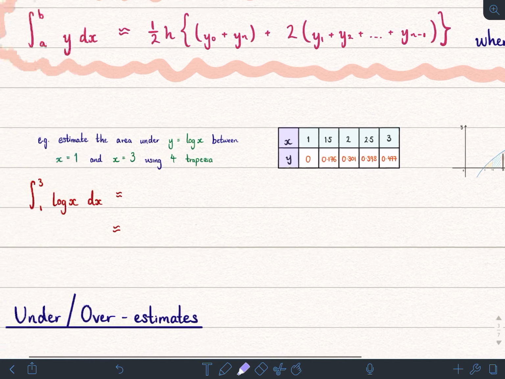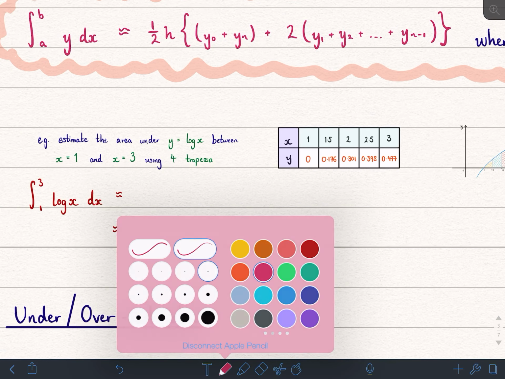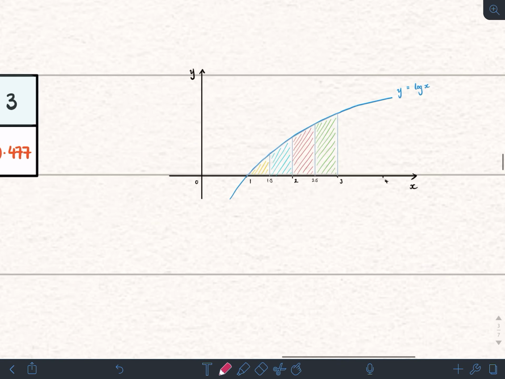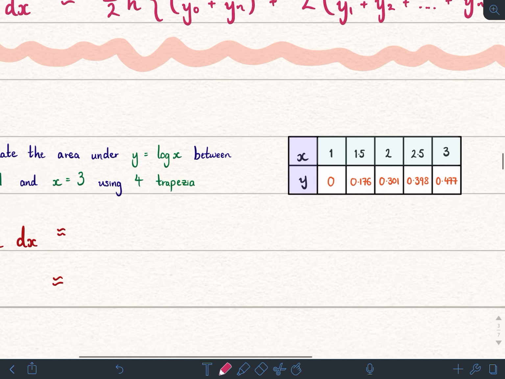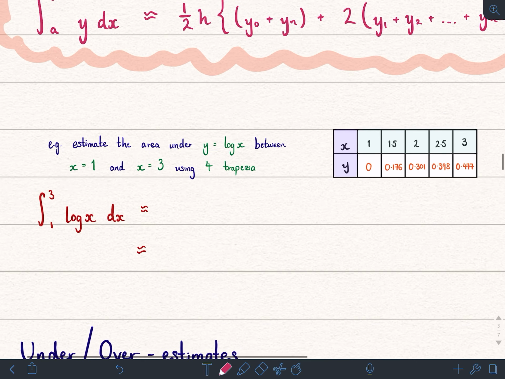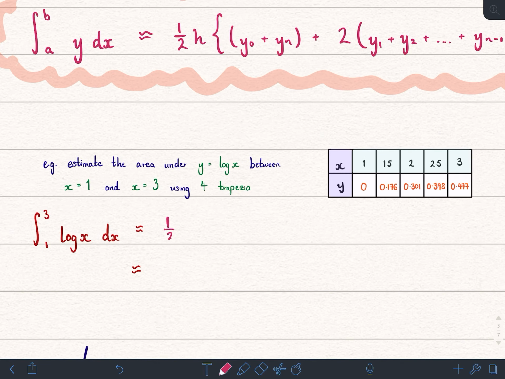So here, if I'm looking at the previous example of the area under y equals log x between 1 and 3, here are my y coordinates and my x coordinates. Again, I can say it's going to be half times h, and h in this case, for my limits between 3 and 1, is splitting that between 4 trapeziums.